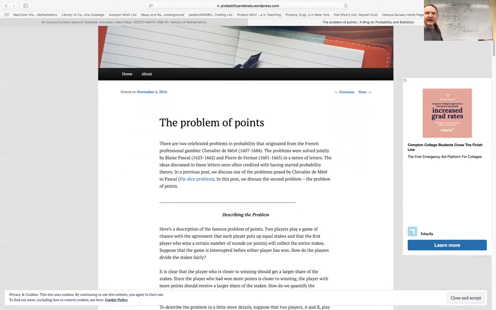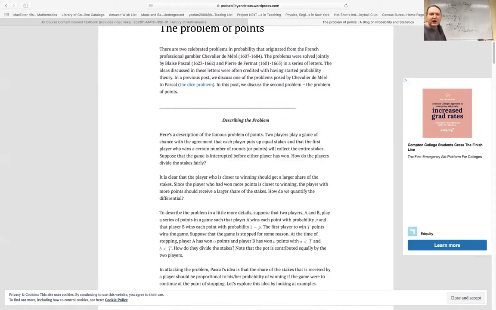All right, I think Suzuki did a very bad job of describing the problem of points. I think that this website does a much better job. So I'm going to use it as something to talk about, mostly so that I don't have to write everything, which would just take a lot of time. So two players play a game of chance, fine, with the agreement that each player puts up equal stakes.